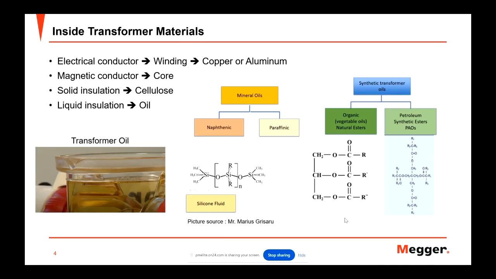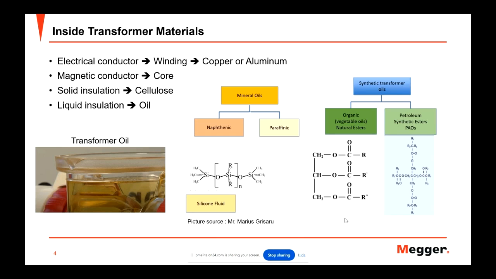The next is the last main material inside of your transformer, the insulation oil. This insulation oil has the main job to prevent discharge inside of your transformer and also maintain the dielectric strength, and we also have to add additives to preserve the aging of that insulation oil as long as possible.